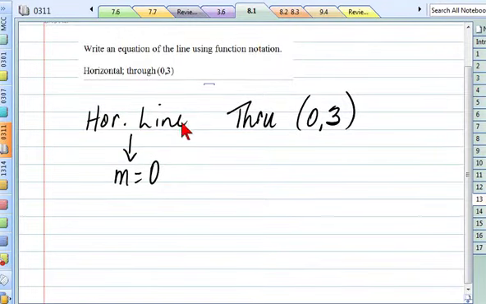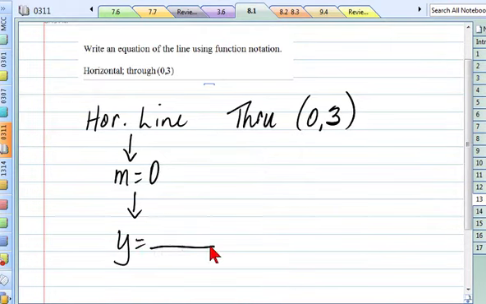When you have a horizontal line, when the slope is 0, whether you knew one or both of those facts, what's the form of the line? It is y equals a number. And in this particular problem, 3 is the y value, so it's y equals 3.